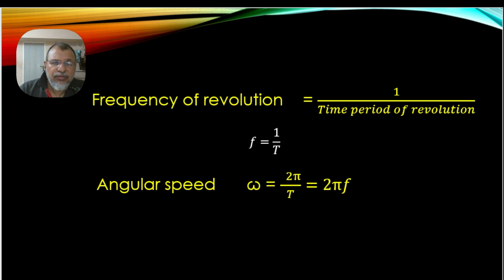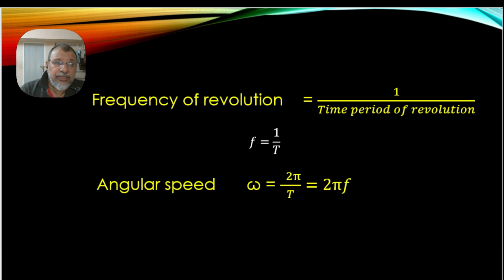Now, here we have the concept of frequency and the period of revolution. Frequency means how many turns the body orbits around in 1 second, so the number of complete cycles the body covers.